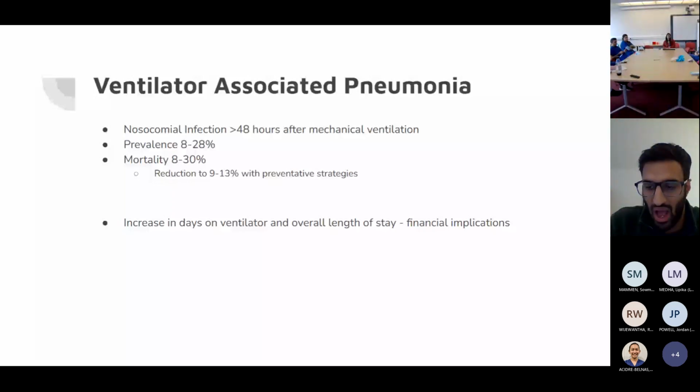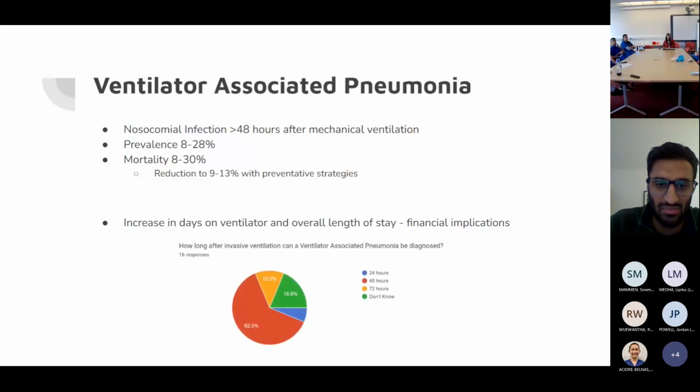So I polled the SHOs on the ICU over the past few weeks about their knowledge around VAPs, and it seems like the majority of SHOs and ACPs knew about the diagnosis, well, when we can diagnose a VAP.